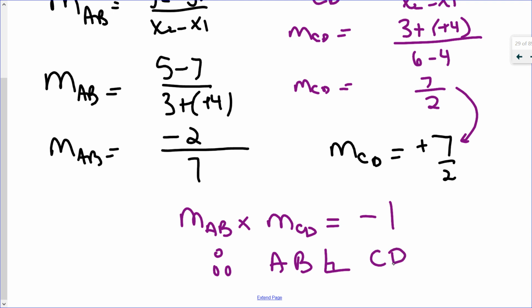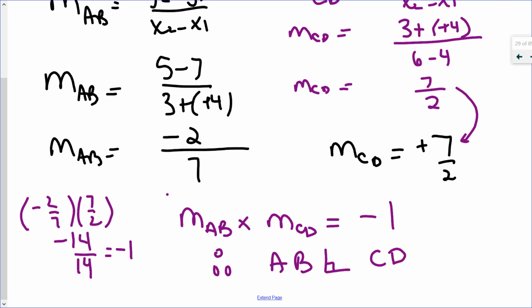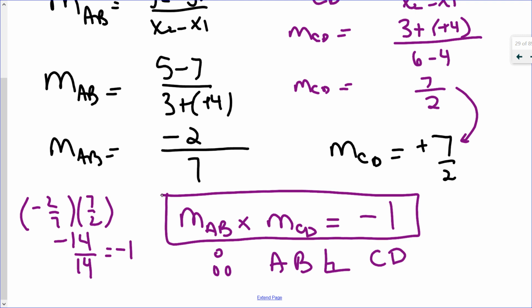Okay, so negative reciprocals. Let me just show you on the side here. If I were to multiply those together, I end up with negative 14 over 14, which is negative 1. So this statement is a way of saying negative reciprocals to one another. So since that's true, I know that they are perpendicular. So that's the difference between parallel and perpendicular line segments.